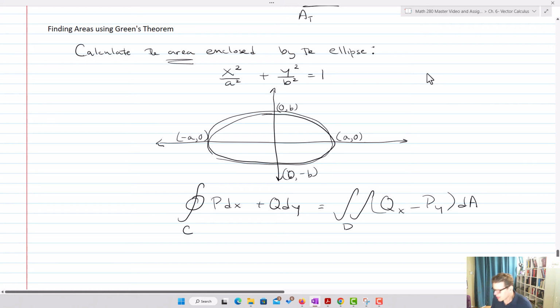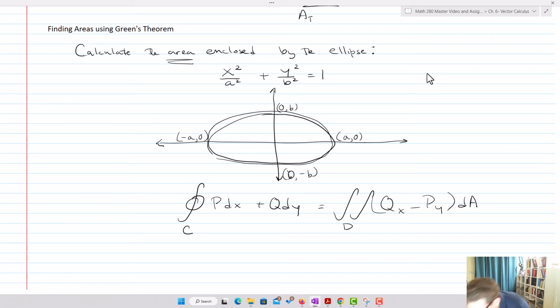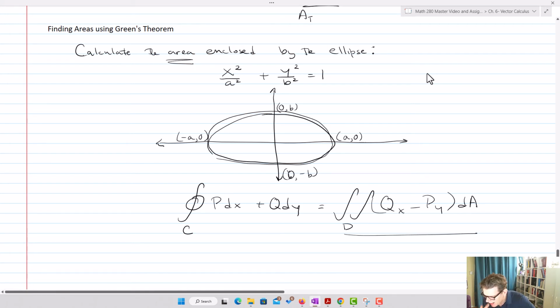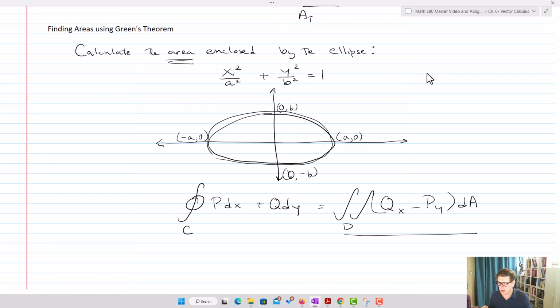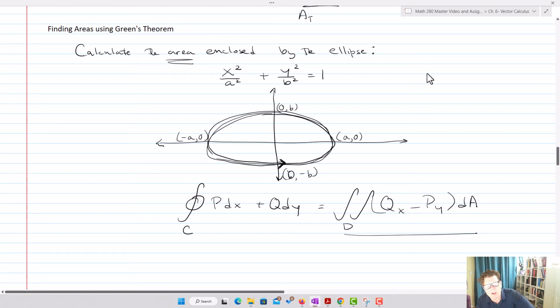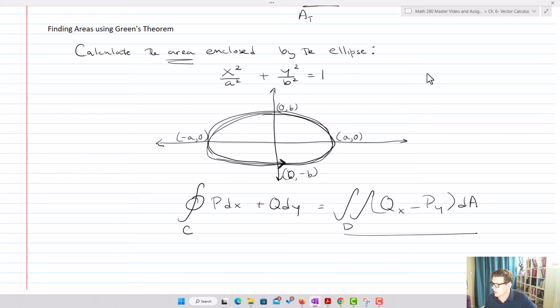So the challenge that we're going to have is we want to find this area, and utilizing that double integral to find the area might be prohibitively difficult. But it might be a lot easier for us to go through and calculate the value along the boundary of the curve utilizing P dx and Q dy.